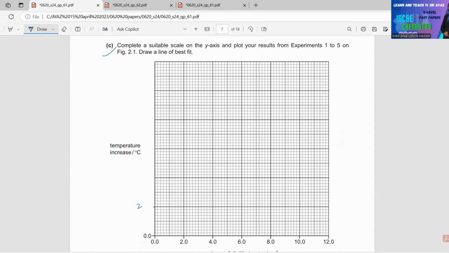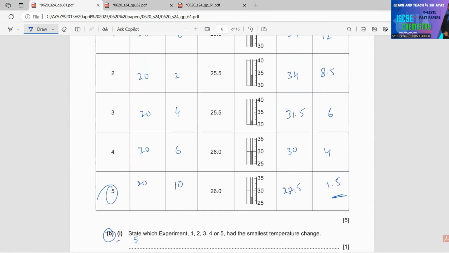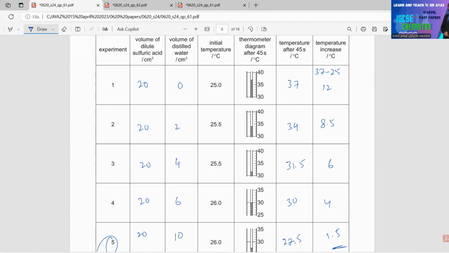I am taking 2, 4, 6, 8, 10, and here we will be having 12. So now plotting the graph. So at 0, you have 12 degrees centigrade, volume of water against volume of distilled water. You have 12 degrees centigrade.